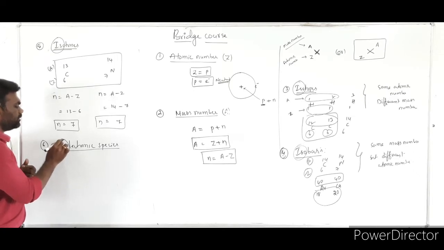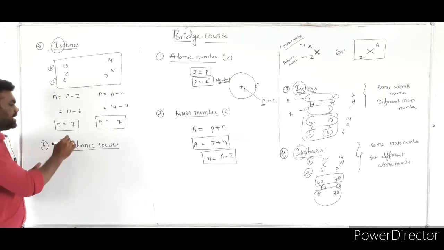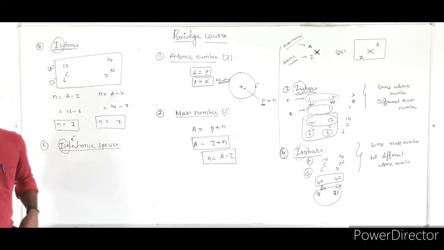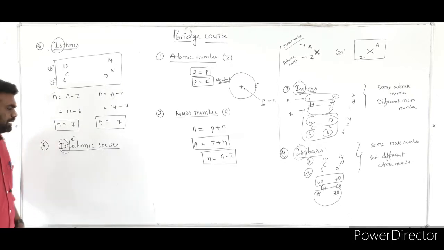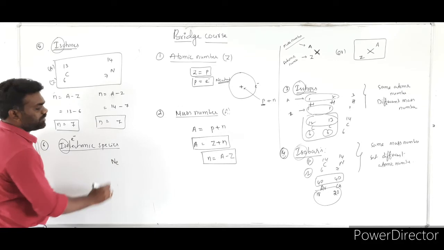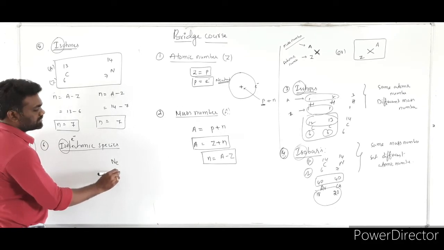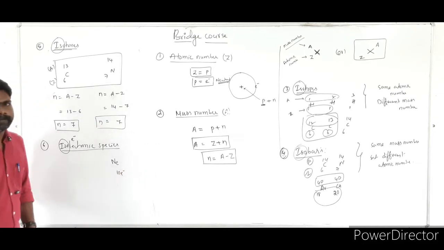Already I said iso means same and electronic means electrons. Species with the same number of electrons we call isoelectronic species. Let us take one example. Neon: the atomic number is 10, and the number of electrons is also 10.